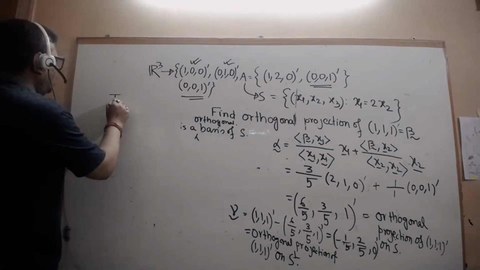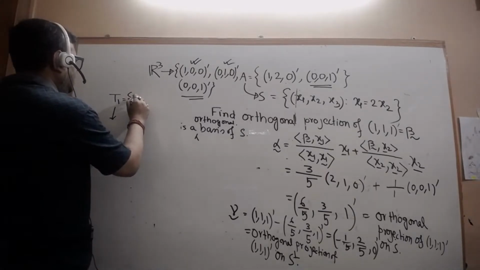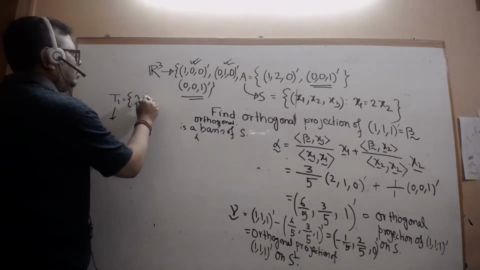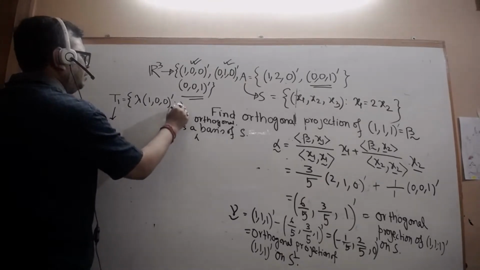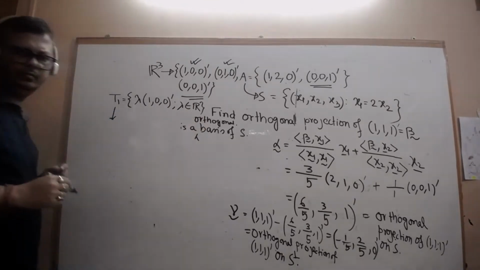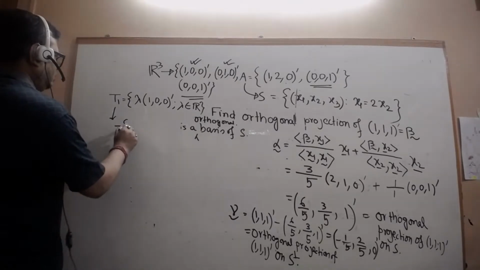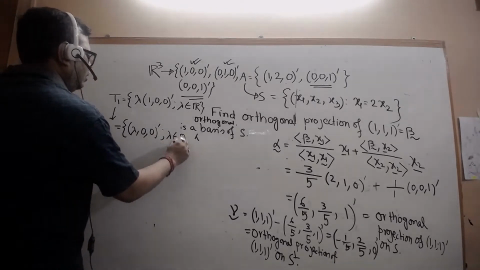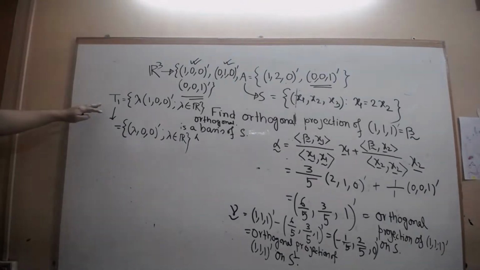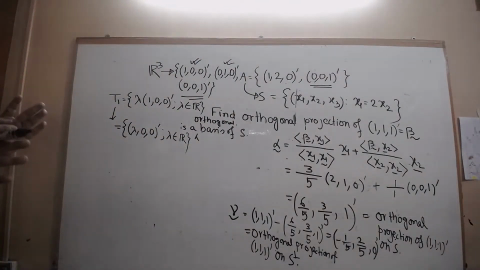So T1 is a vector which is a linear combination of 1, 0, 0, so lambda 0, 0, where lambda belongs to R. Now you can easily check that S and T1 are complementary to each other.